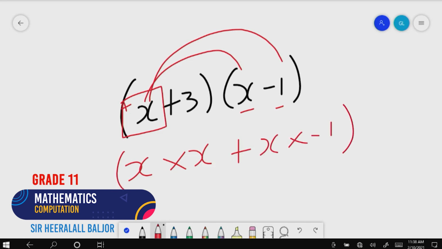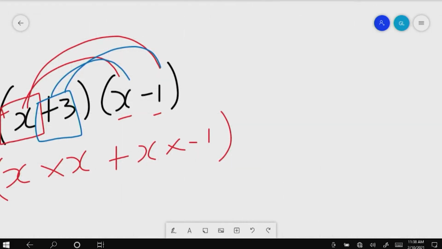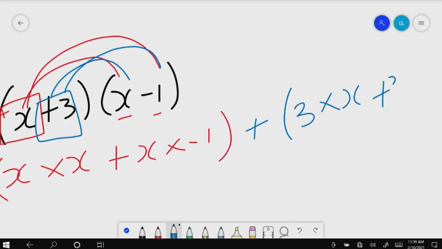So this accounts for our first x value. Then we distribute positive 3 throughout, which gives us plus 3 times x plus 3 times minus 1.